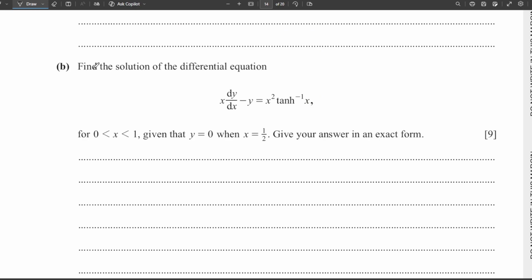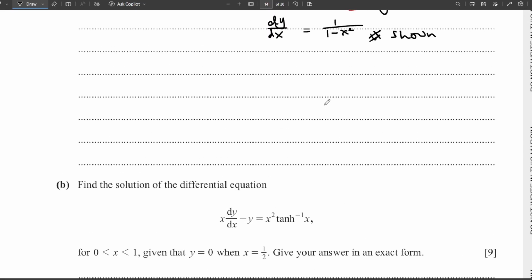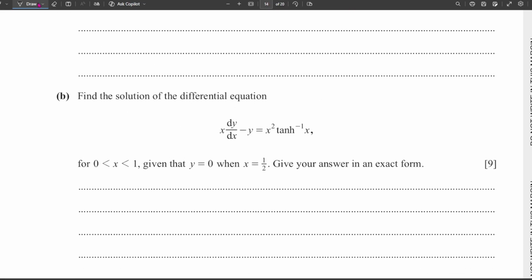Now they're giving us this differential equation, with this condition on the domain and this boundary condition, and we want to find the exact solution. It's in a form where we can reduce it to a linear first order ODE.